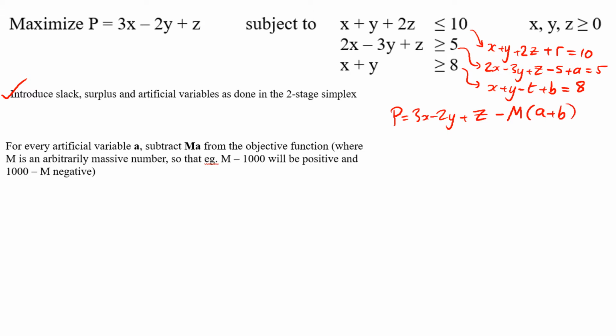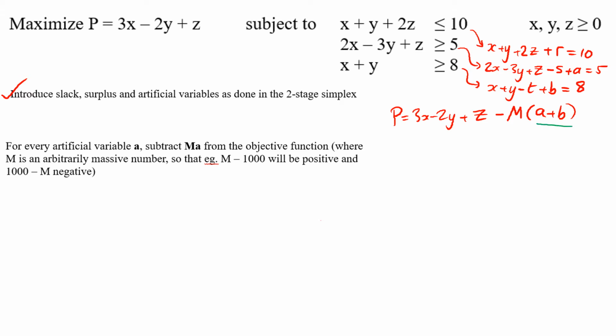The reason for this is we're taking M to be a really massive number, and we know that a feasible solution exists if the artificial variables are both 0. So we want to do a simplex essentially that's going to maximize this new objective function, and because M is so massive and will be such an overbearing part of this equation, this will be maximized if we can make a plus b equal to 0.